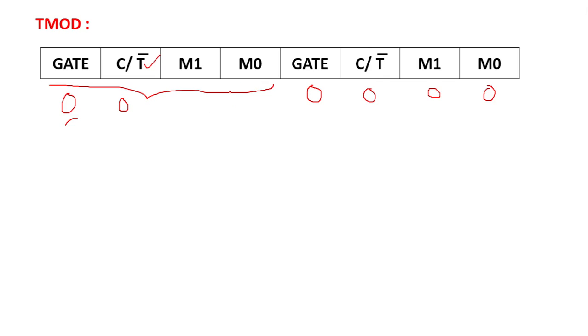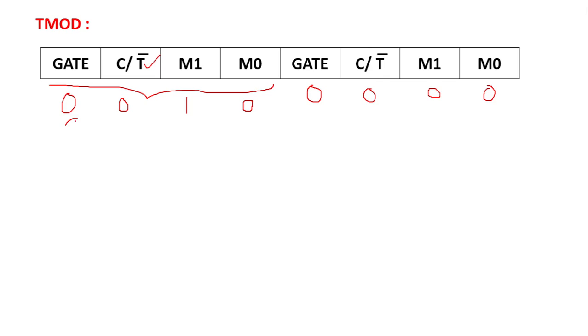M1, M0 are the mode selection bits of the timer. Each timer of the 8051 works in 4 different modes: mode 0, mode 1, mode 2, mode 3. Particularly for serial communication, we set timer 1 in mode 2. So in order to set timer 1 in mode 2, M1 should be 1 and M0 should be 0.